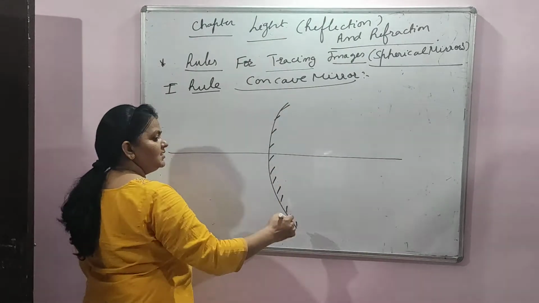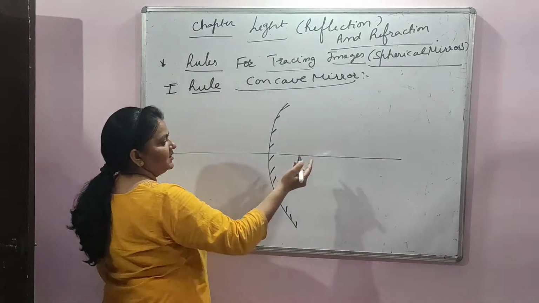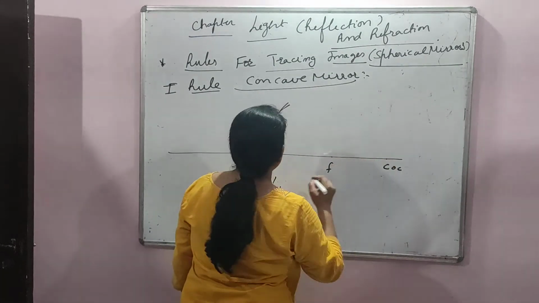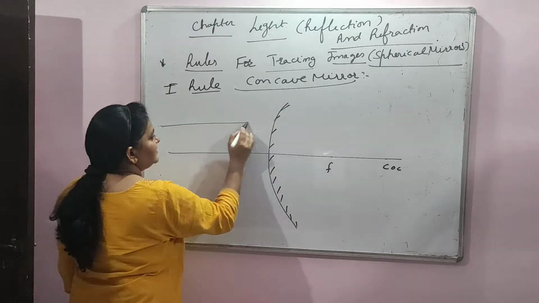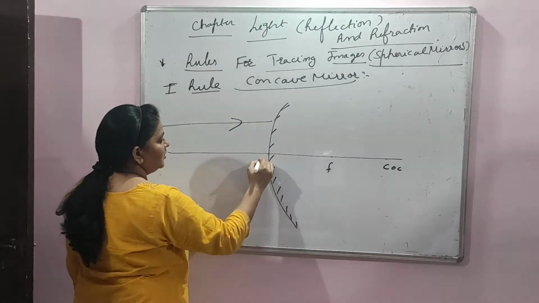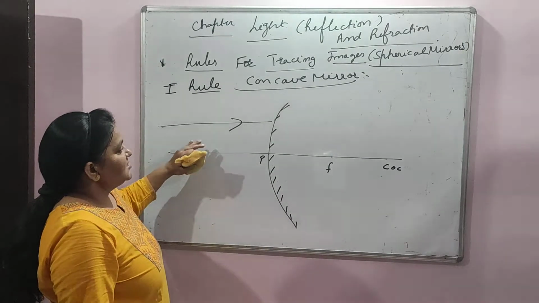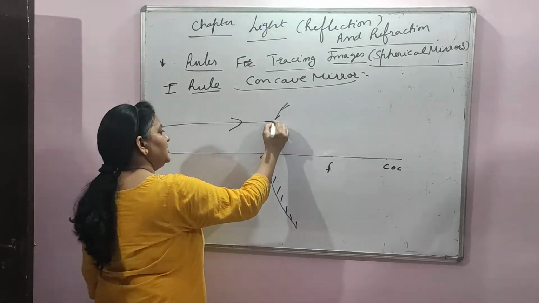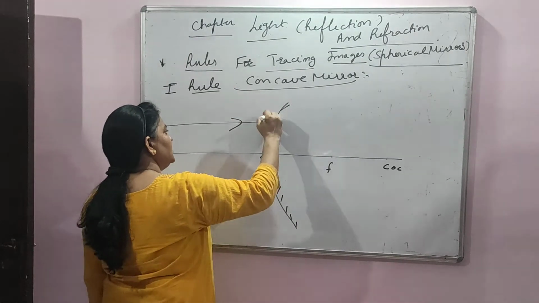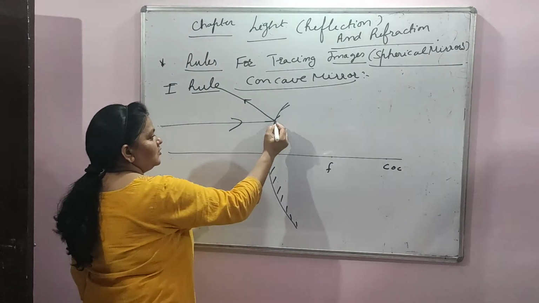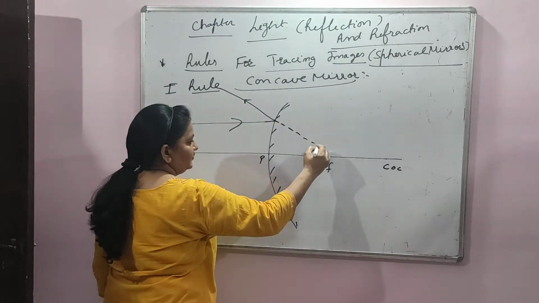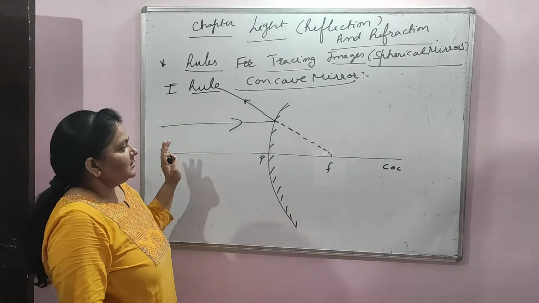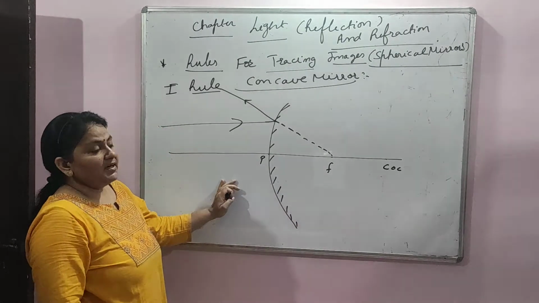It's a convex mirror, so we know that we have a virtual focus. Here is the center of curvature. An incident ray which is parallel to the principal axis, after reflection, will not go through here because it's a reflecting surface. So it will reflect like this. Take care that this is the difference between the rule for tracing images by a concave mirror and a convex mirror.